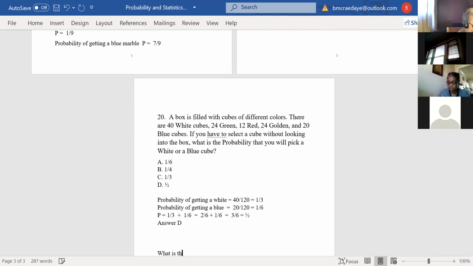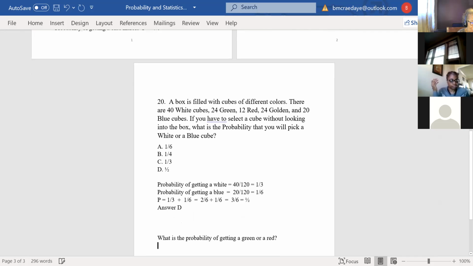The probability of getting a green is 24 over 120.